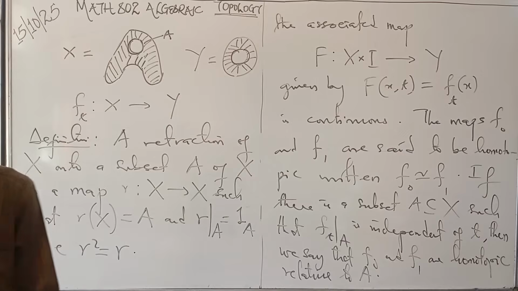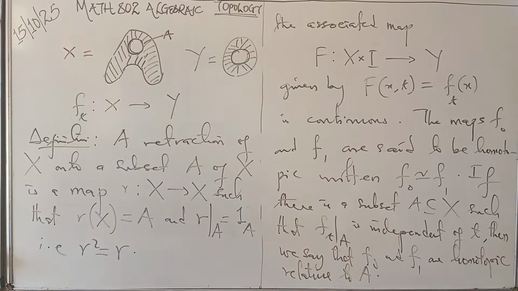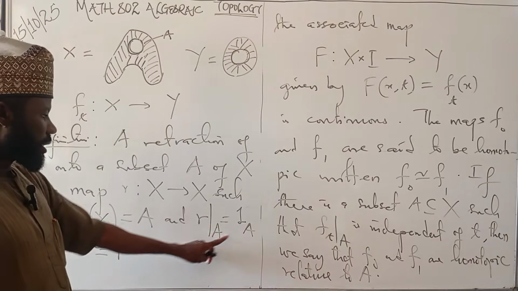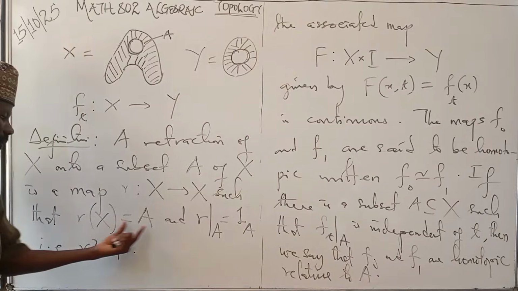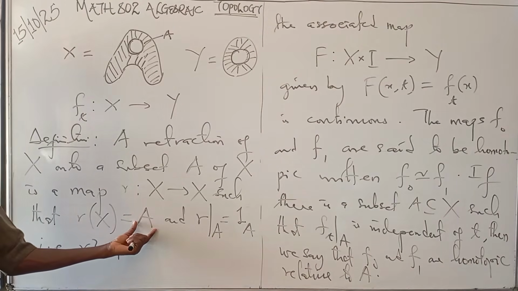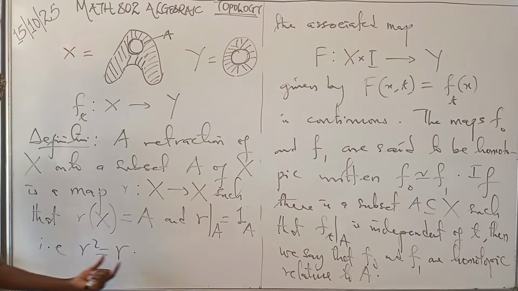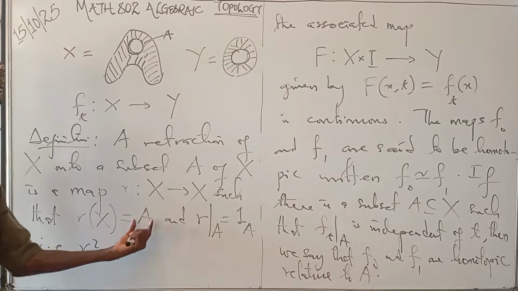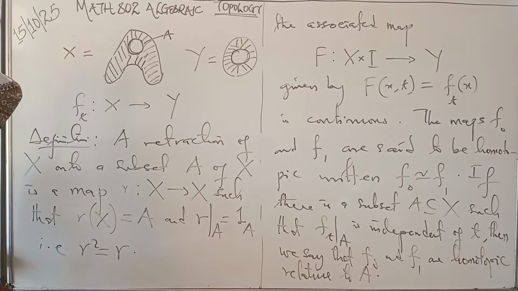The concept of retraction is just like a projection because it is identity on A and the entire space is mapped to A. So that means R squared will always be equal to R, because it's identity on its image.